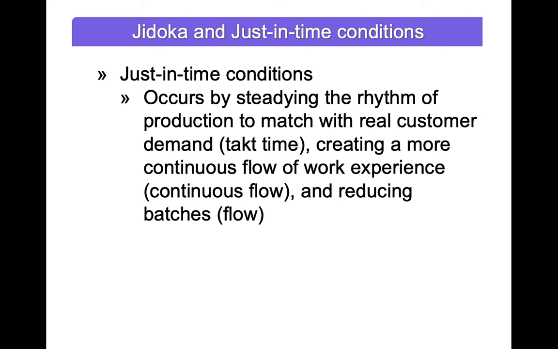Think of it like this: the whole key with the traditional manufacturing example and the one piece flow we're talking about, or just continuous flow, is one key thing I want to talk about.